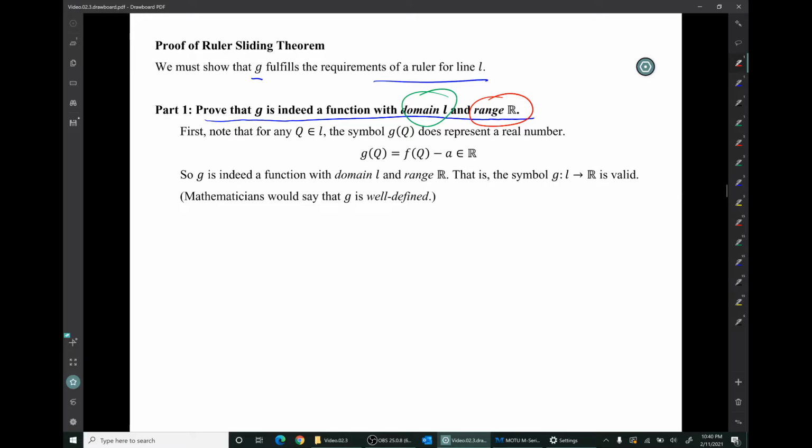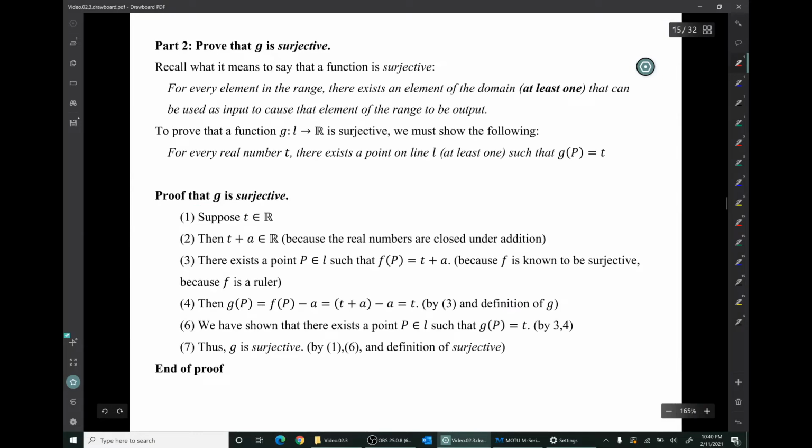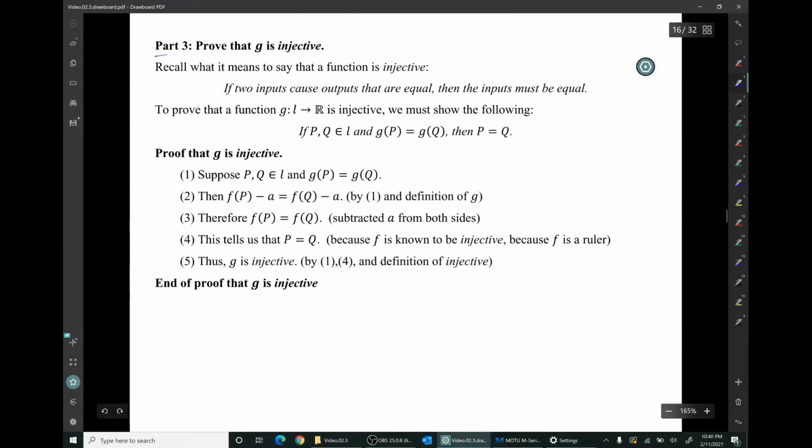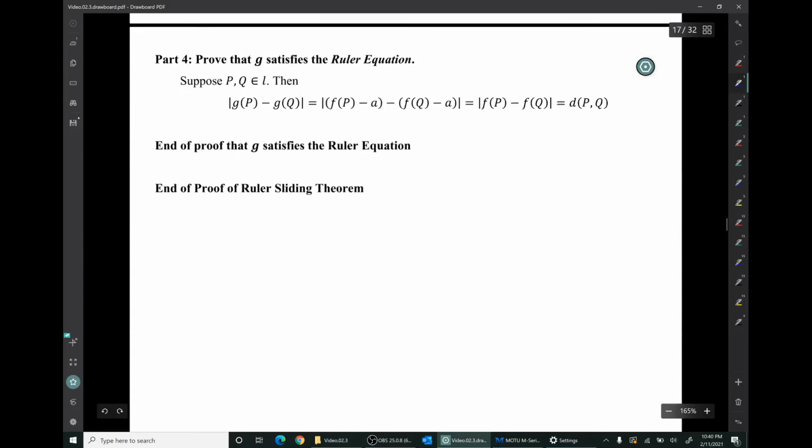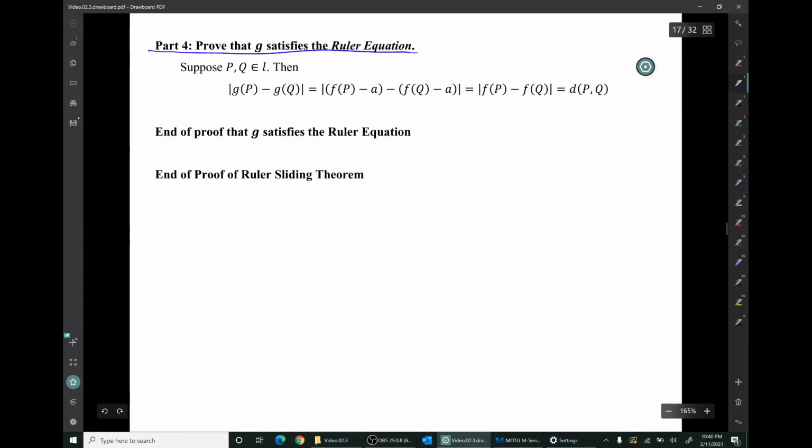That's one of the requirements for g to be a ruler for line L. Another requirement is we have to prove that g is surjective. Another requirement is we'll have to prove that g is injective. Another requirement is we'll have to prove that g satisfies the ruler equation. Once we've done all that, our proof will be complete. So let's go back and look at the details of this.